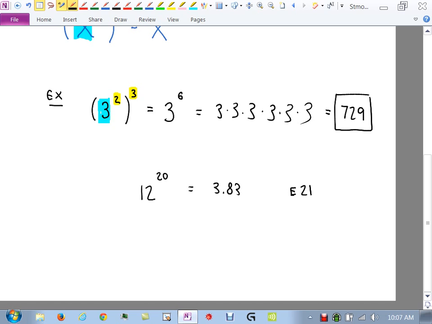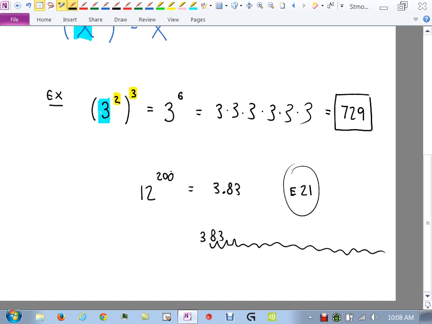Every calculator is kind of different. What this part at the end means, you see that decimal place? You've got to take that decimal and move it 21 places to the right, which means this is an astronomically large number. Huge number. Try 12 to the 200 instead, and you're probably going to get an error. Overload, overflow, or something like that.